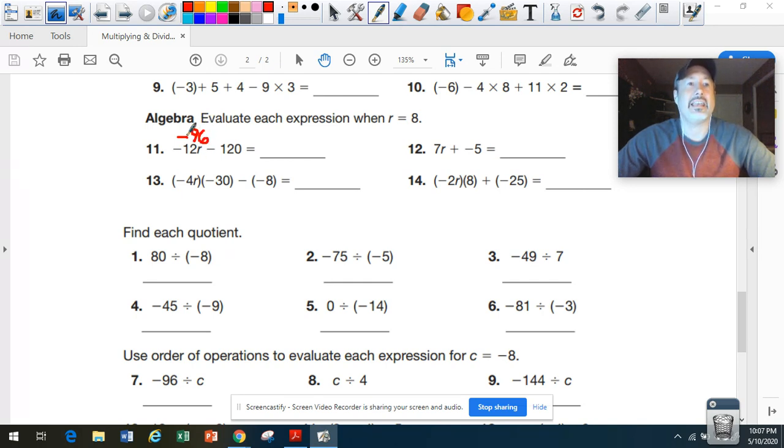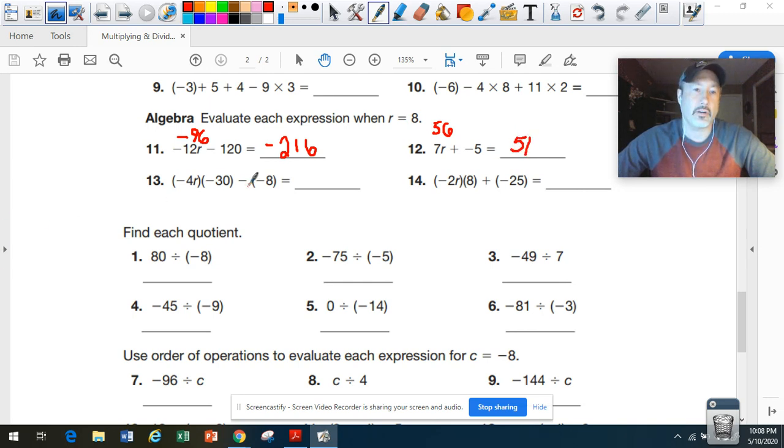Okay, and then negative 96 minus 120 is, let's see, what's that going to be? That's going to be 216. So this is negative 216. Very good. Okay. Let's put an 8 in for the R here. 7 times 8 is 56. 56 plus negative 5 is going to be positive 51 is the answer there.